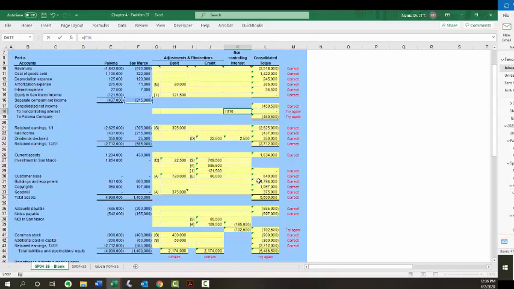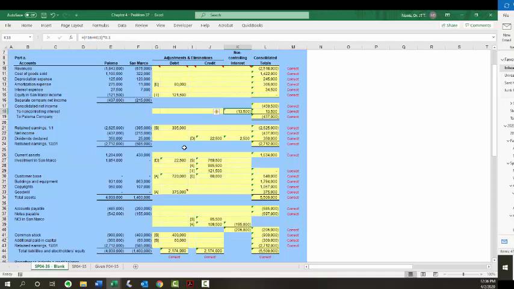Now, keep in mind that the value in F16 is a negative number. We need to reduce that. So to reduce it, you're going to add the adjustment for the amortization and then multiply that times 10%.